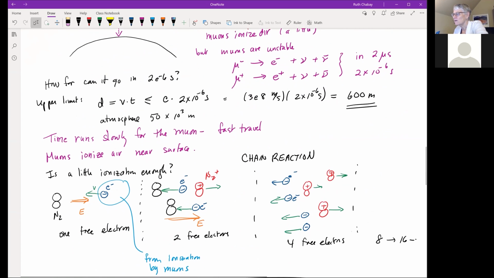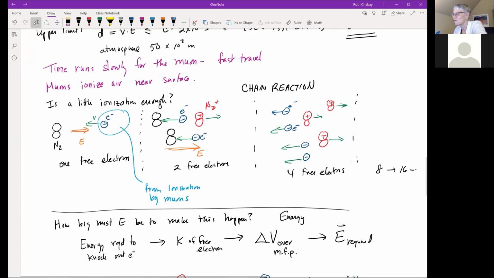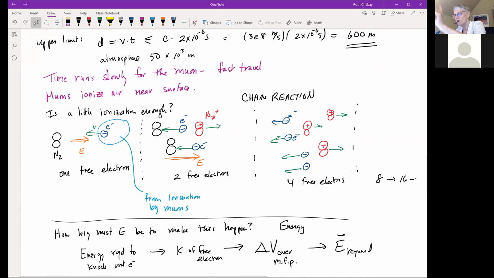And they get down close to the Earth, and all we need is one free electron, it turns out. If we can just get a muon to collide with one oxygen or nitrogen molecule near the surface of the Earth, we just need this one free electron, which is a gift of the muons, to start a chain reaction that produces more and more and more electrons.